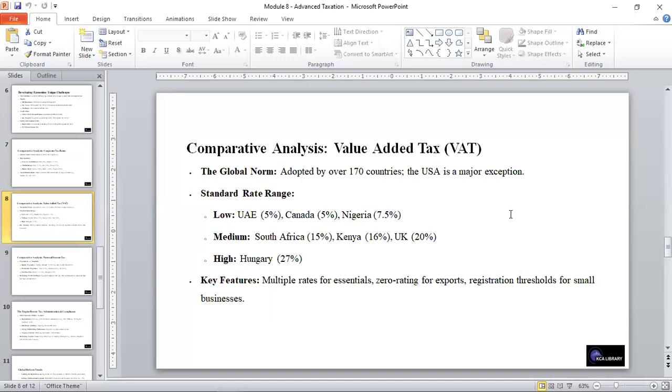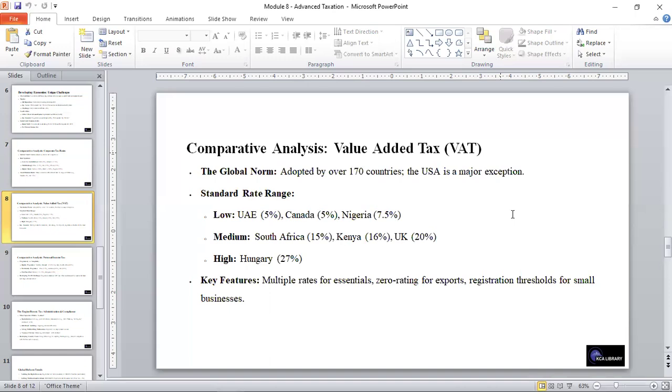The standard rates range from low, with the United Arab Emirates 5%, Canada 5%, Nigeria 7.5%, to medium, like South Africa at 15%, Kenya 16%, UK 20%, and high, like Hungary at 27%.